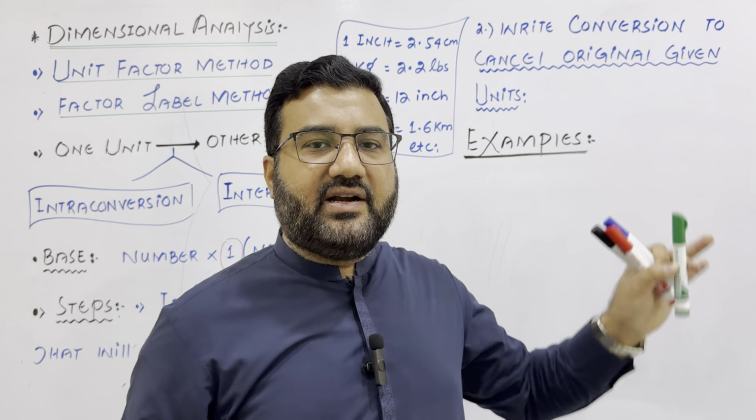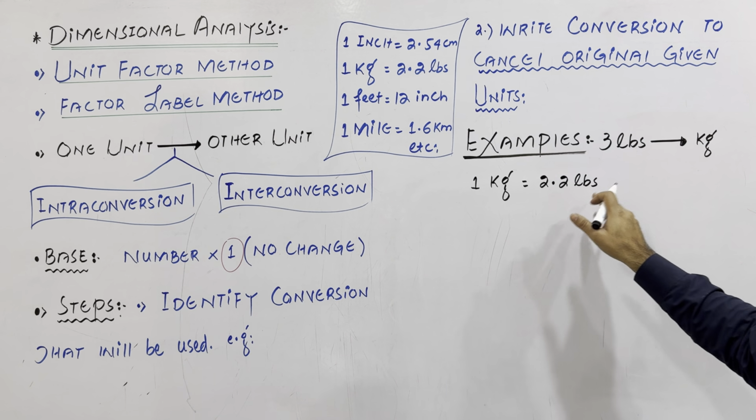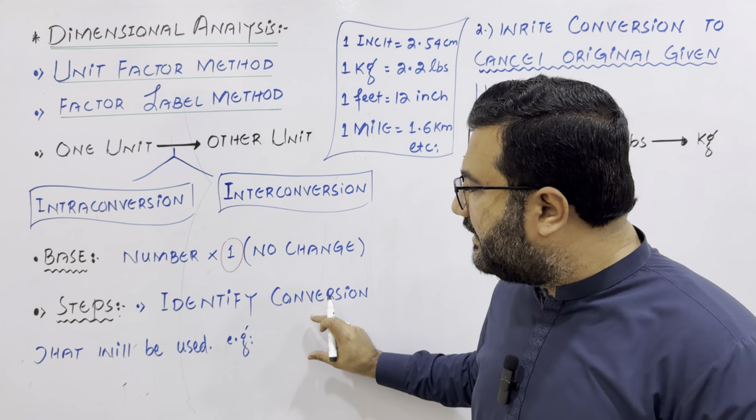And as we know, it is written here that 1 kg has 2.2 pounds. So dear students, 1 kg has 2.2 pounds. That is step 1, identification of the conversion.